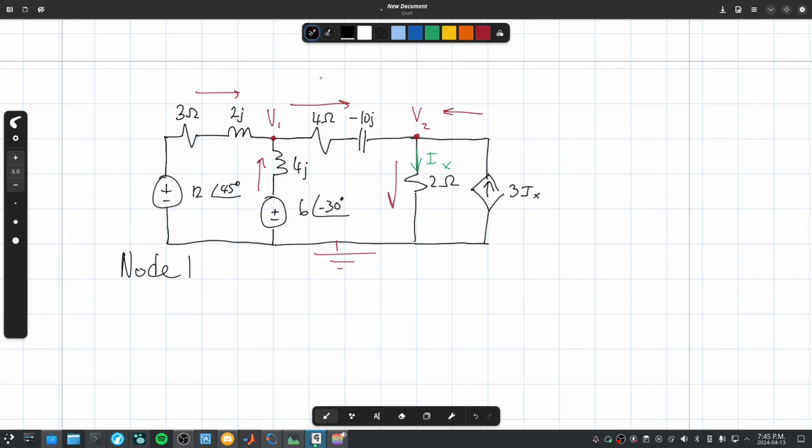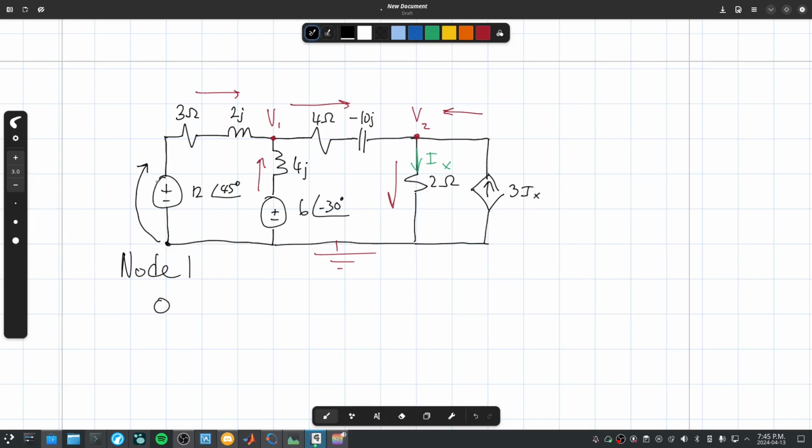So let's start with V1. Let's start with this current here. The rule is that you start from ground, or your starting point, and you go up until you hit V1. It starts at a voltage of 0, so that's 0 volts.